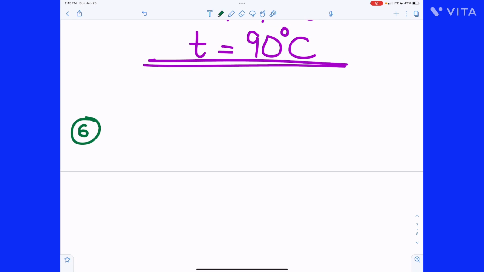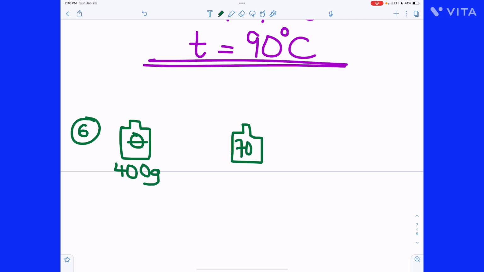But I'll just do that for you. Cold water, 400 grams. We don't know its temperature. Let's just put theta here. Then hot water, 70 degrees Celsius is its initial temperature.